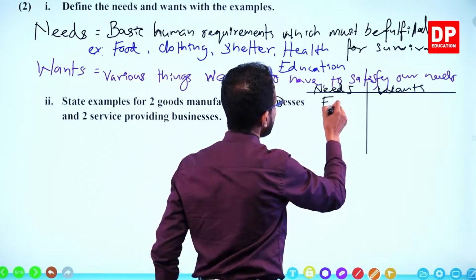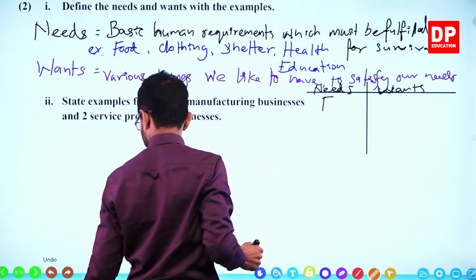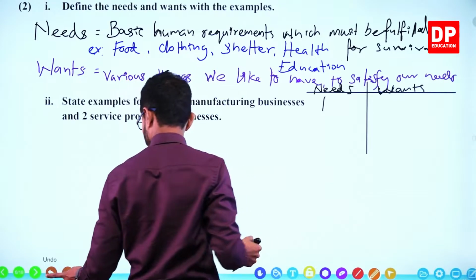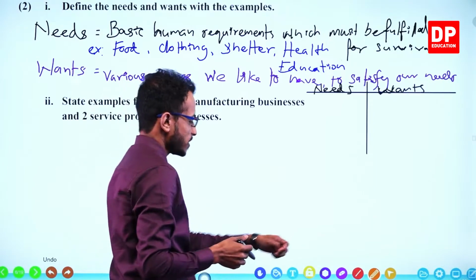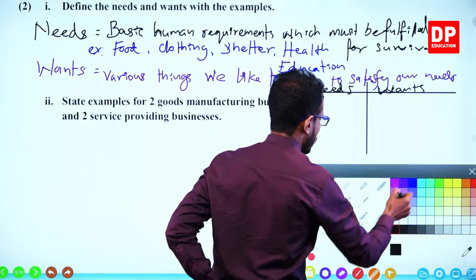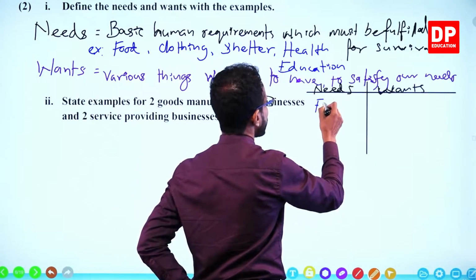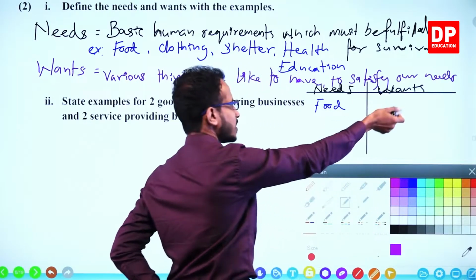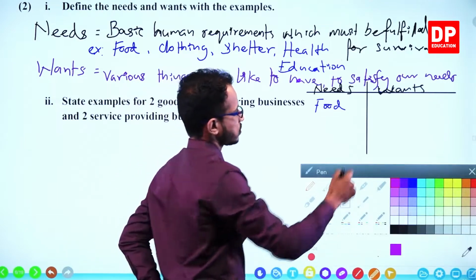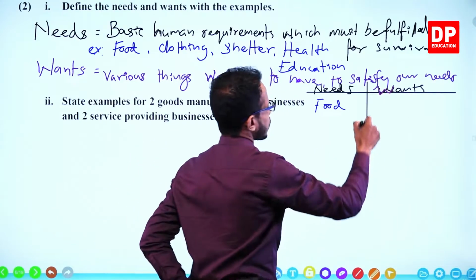And food, you write the needs, the basic needs. Food. Then on the other side, you write your wants, examples for wants.